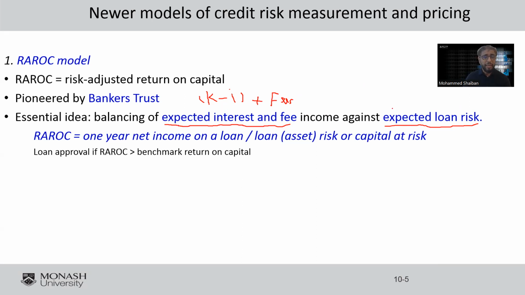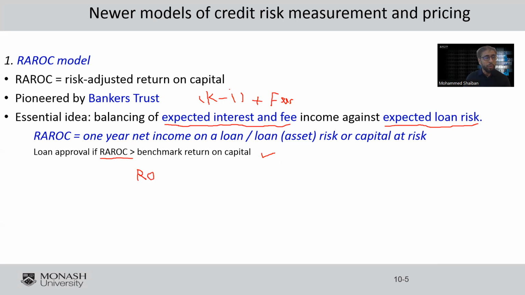Because of that, we have to compare the RORAC, which is the value we get here, to the ROE. The benchmark is that if the RORAC exceeds the ROE, then the loan will be approved. So the RORAC has to be more than the ROE, the return on equity.